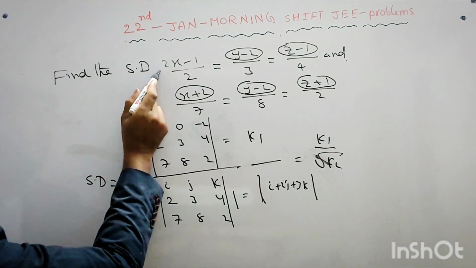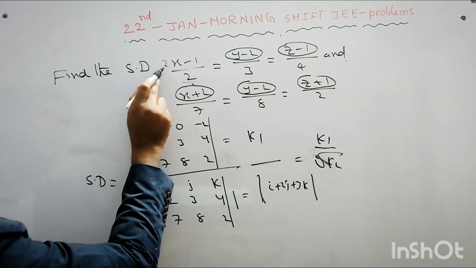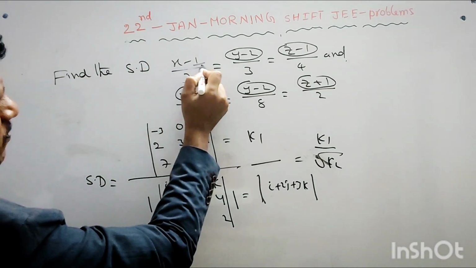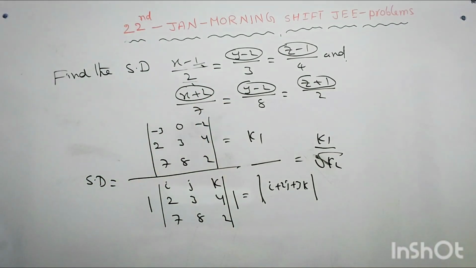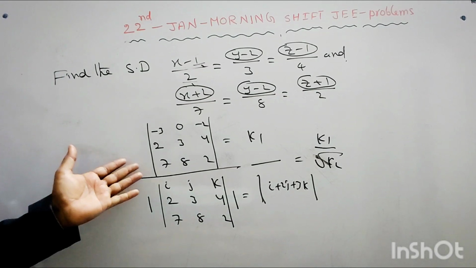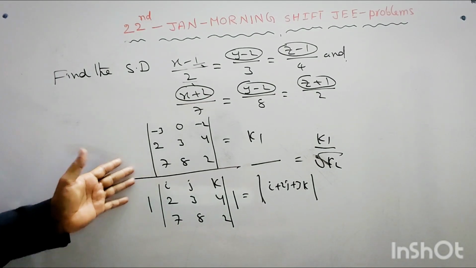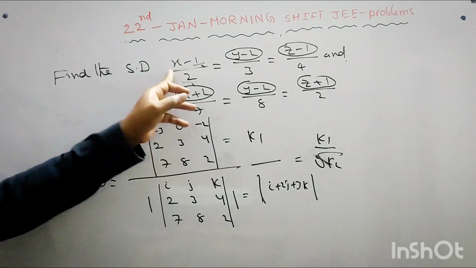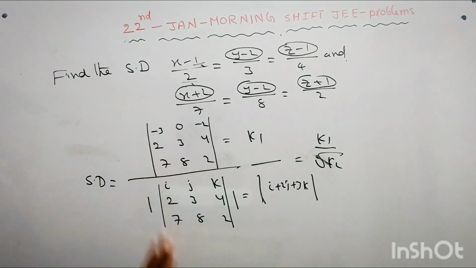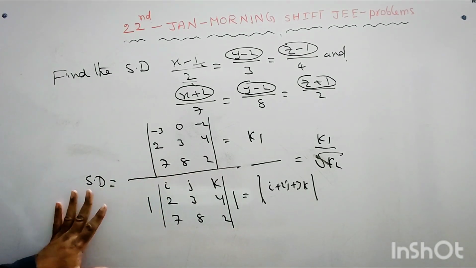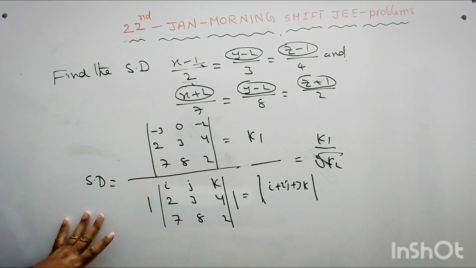Take 2 common and send it down. If you take out 2 common, this 2 will come here, so that 1 by 2 will come like that. So if you want to use this shortcut formula, in both the lines, coefficients of x, y, z should always be 1. Okay? So this is the way how to find out the shortest distance between skew lines. So thank you one and all.